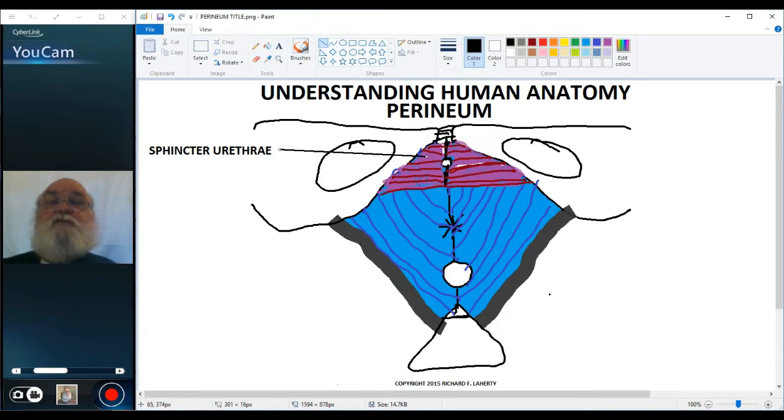Then just posterior to the sphincter urethrae is another muscle and it also is running transversely. And I want to sketch it in here. And we'll color in this muscle.